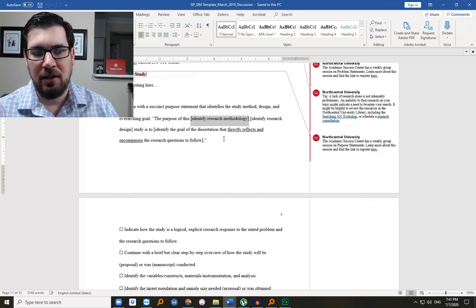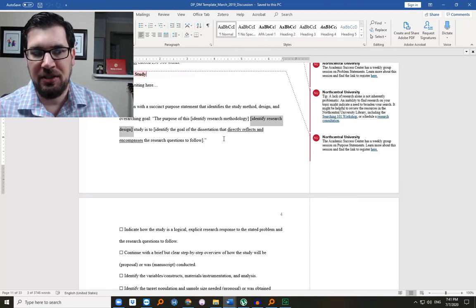So you want to pick qual or quant, and then you want to pick your research design. Based on qualitative, it could be ethnographic, phenomenological, a type of case study, a general or basic qualitative study. Those are pretty common designs that you could choose for a qualitative study.